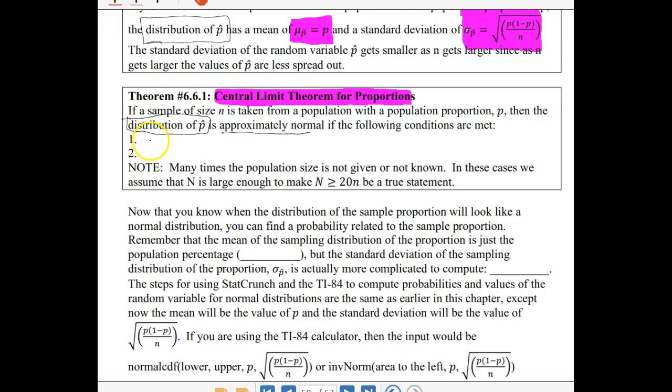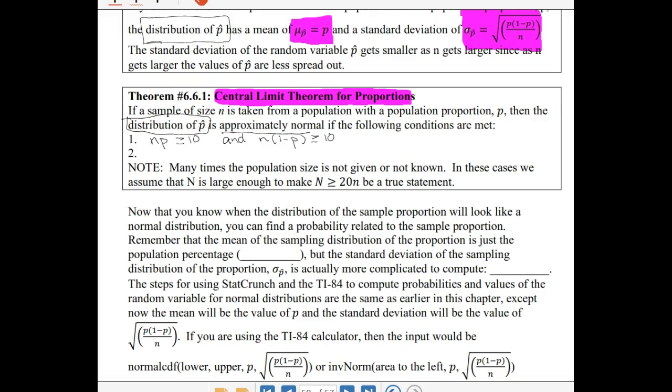First, we need n times p to be at least 10, and n times 1 minus p to be at least 10. That is a very different rule than the sample size in the previous section. For quantitative data, oftentimes n of 30 is large enough, but for qualitative data we need more data.